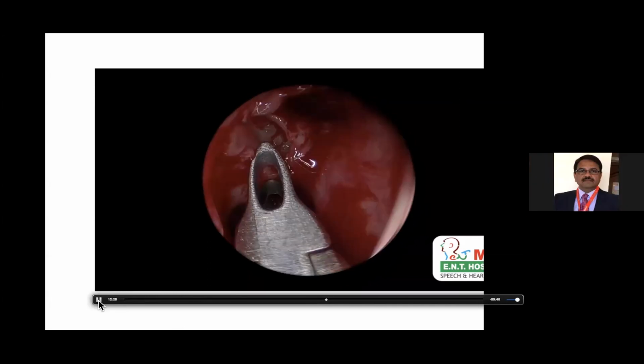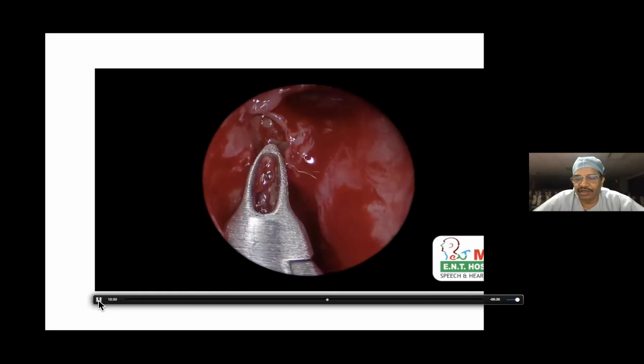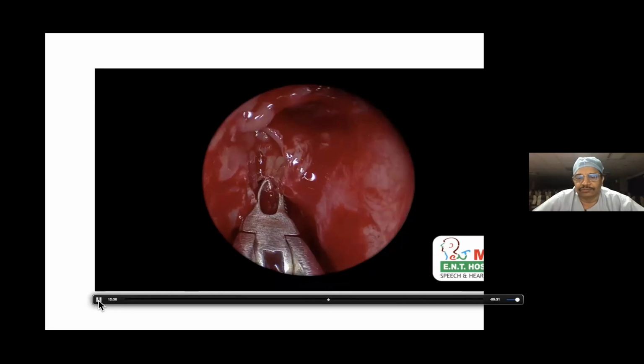Once I understood the anterior ethmoidal artery, I am removing these partitions using a through-cut.